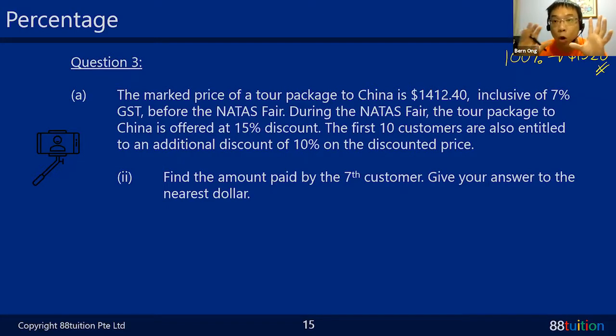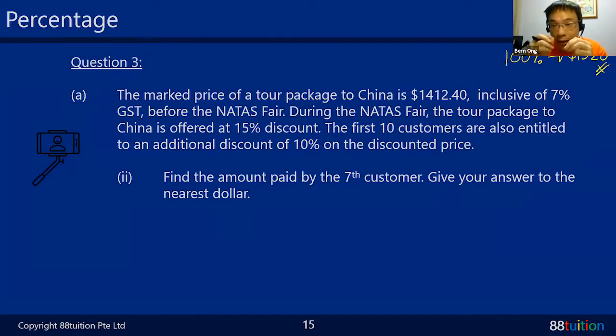Remember, the GST is only calculated one time at the end of the day. Why not add the GST at the start? You cannot do that because the goods and services tax is on the final gross amount. You cannot do it in front and then have a discount at the back.